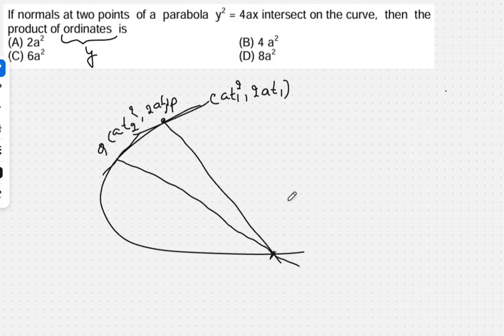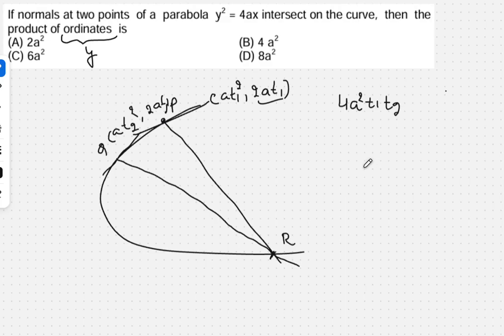So both of these normals are intersecting on the parabola again, let's say at some third point, whatever that point may be. So we have to find the product of y coordinates, meaning we have to find the value of 4a square t1 t2, because that's what you will get when you multiply their y coordinates. So this is the entire scenario.